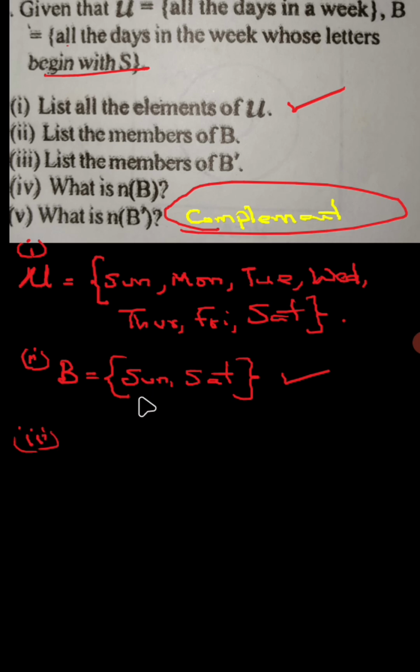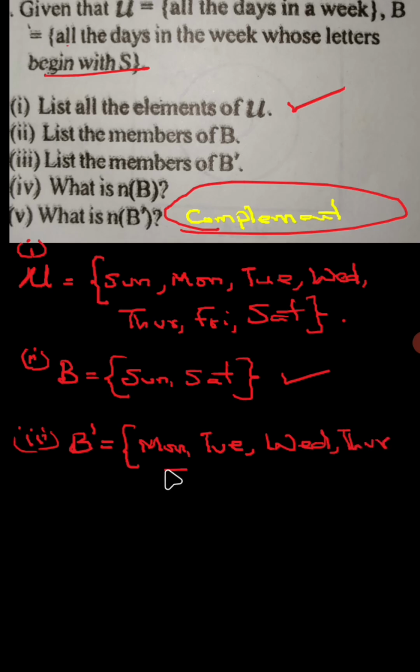For example, in set B, we have Sunday and Saturday. So our complement of set B will be all the elements in the universal set except Sunday and Saturday. So I'll have Monday, Tuesday, Wednesday, Thursday, and Friday. So this is the complement of set B.